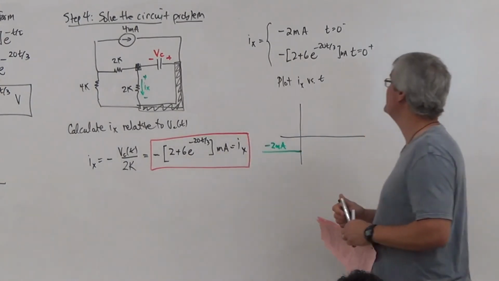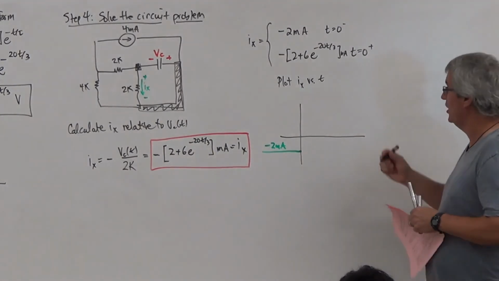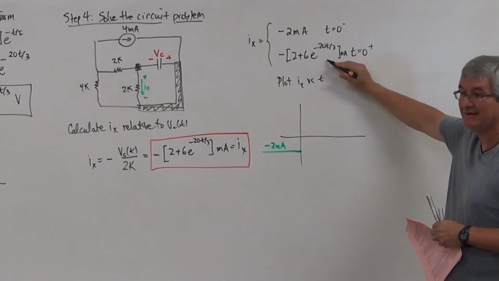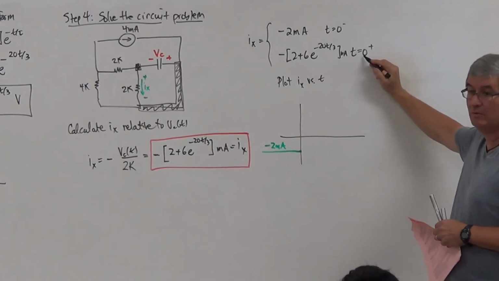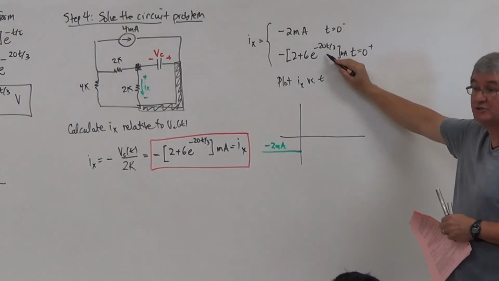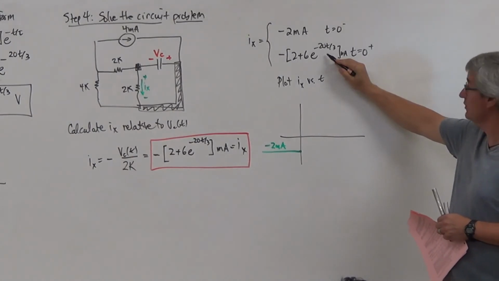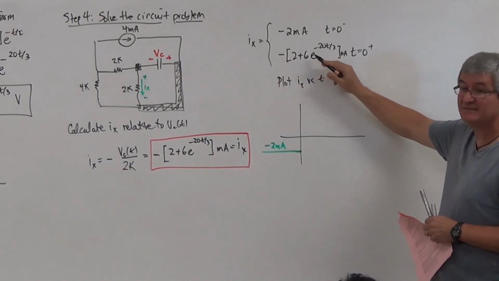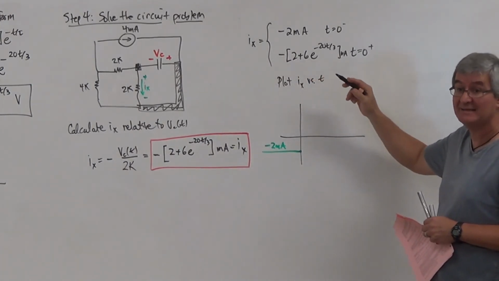And then at 0 plus, what I find here is I get this equation. At 0, that exponential here is e to the 0, which is 1. So then I'm going to get minus 2 minus 6, which gives me minus 8.